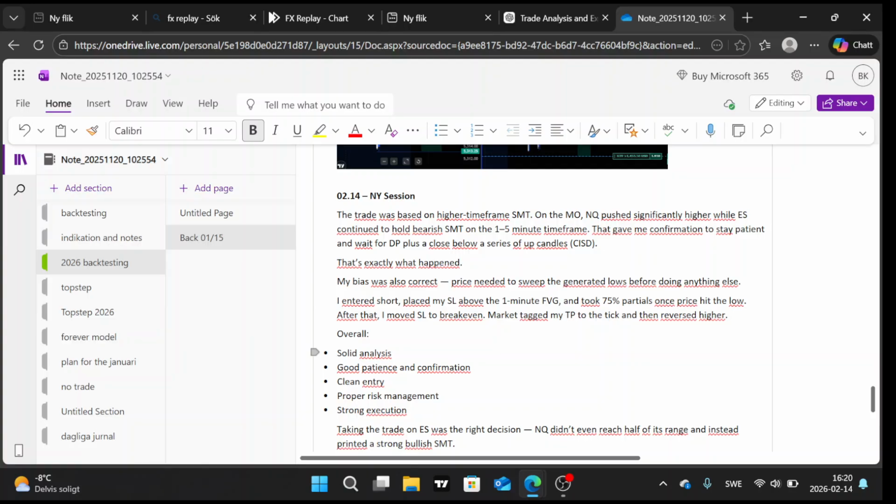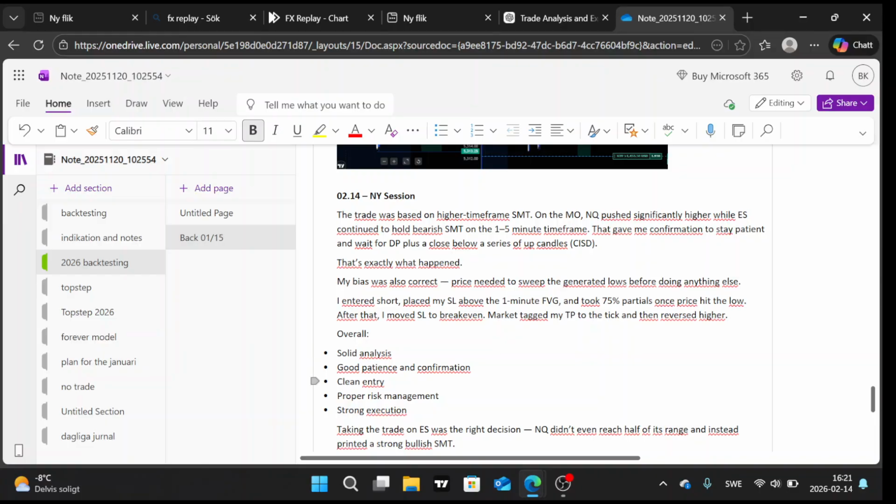I entered short, placed my stop loss above the 1 minute fair value gap and took 70% partials once price hit the low, that low I missed. After that I moved stop loss to break even. Market tagged my TP to the tick and then reversed higher.